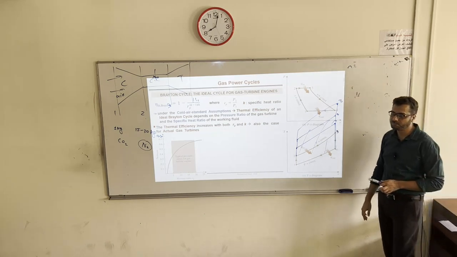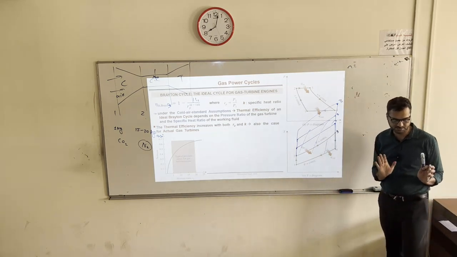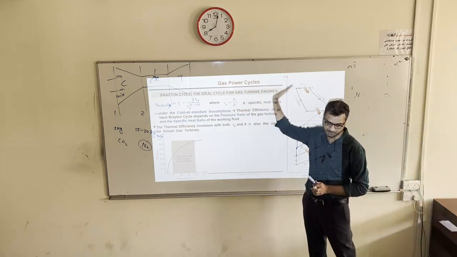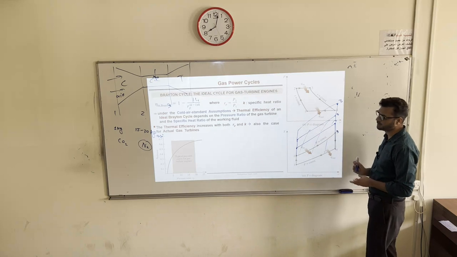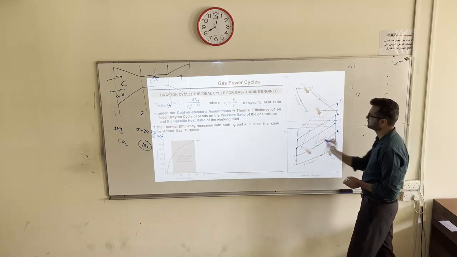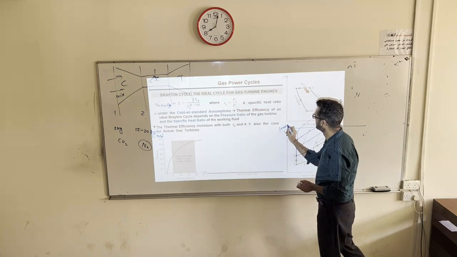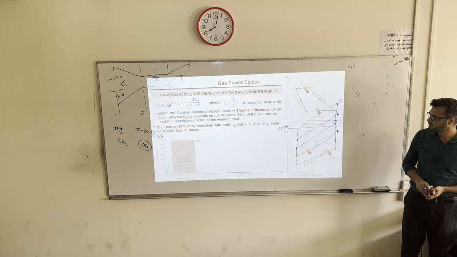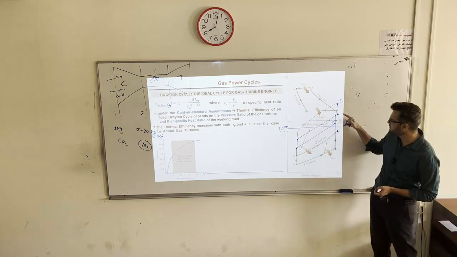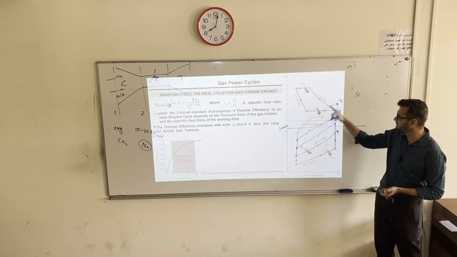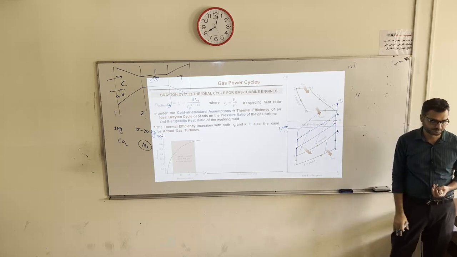For example, the maximum temperature which materials can sustain, the current materials used in these gas turbine engines, is about 1000 Kelvin normally. So if this is the 1000 Kelvin temperature line, and you are crossing it, you do not have materials which can sustain such high temperatures.